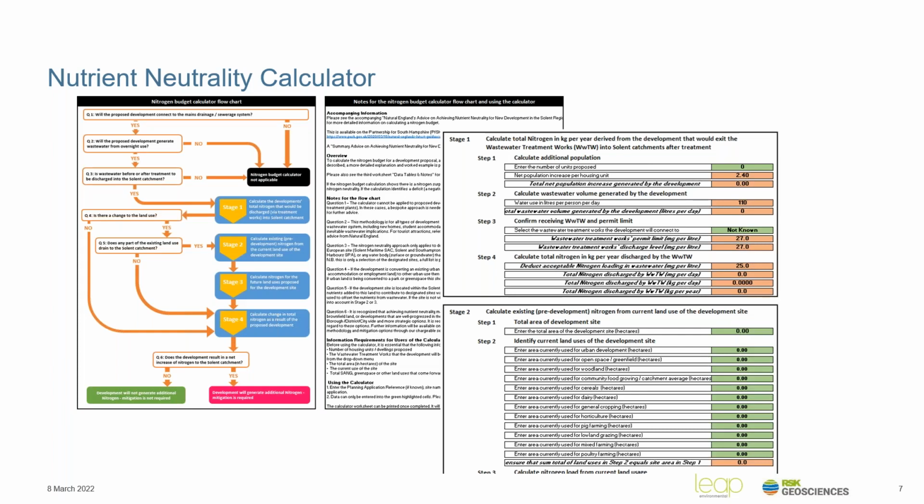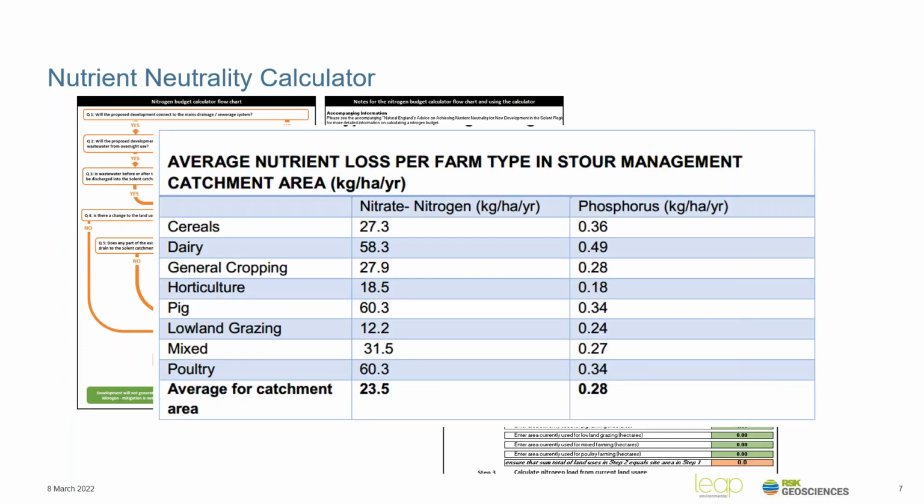Stage two just shows you the different land uses and the area that they cover. And this is taken from the Stour, which is another catchment, which shows the nitrate and phosphorus loadings dependent on the different types of land use, agricultural land use.